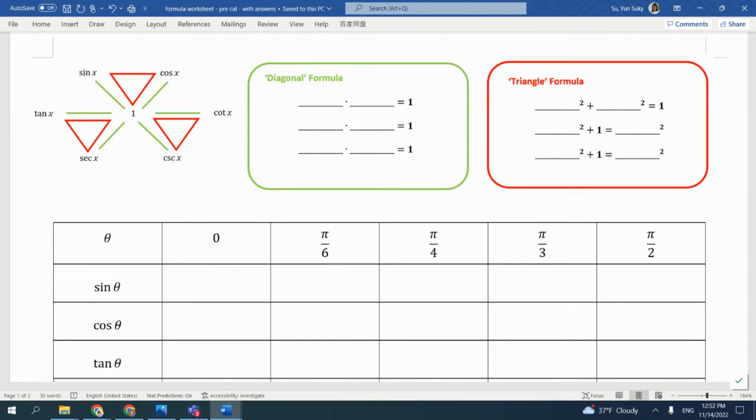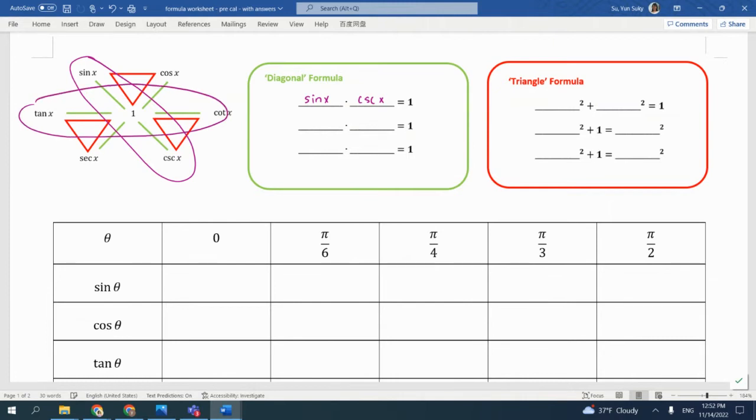So therefore, this diagonal, what do you get? Sine x times cosecant x equals 1, right? So sine x and cosecant x are reciprocals of each other. And then look at this diagonal. What do we know?